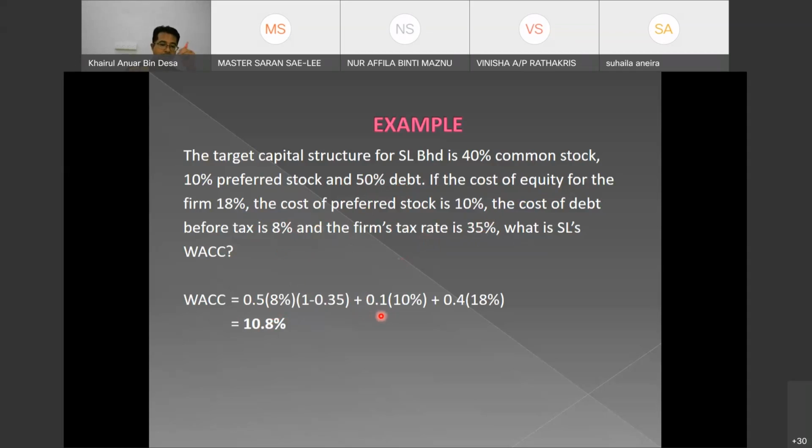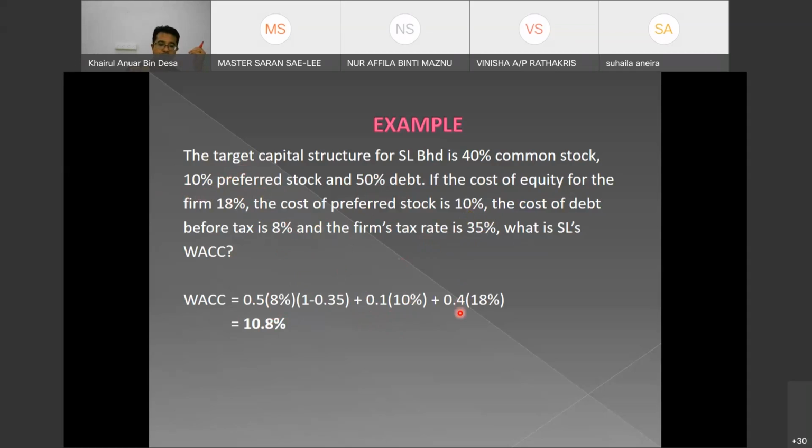And the second one is 0.1. 0.1 is the 10% preferred share, and the cost for preferred share is 10%.